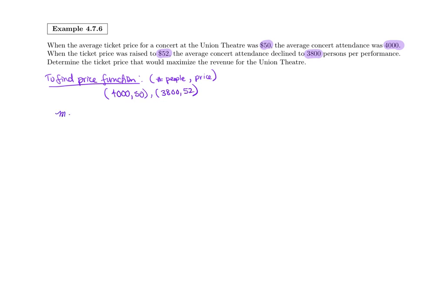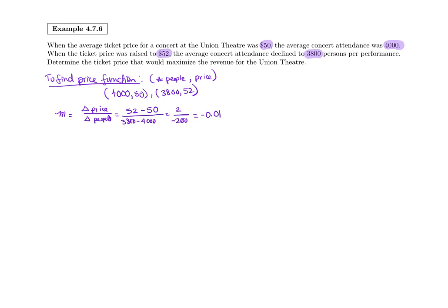So our slope is going to be the change in y over change in x. So in this case, the change in price over the change in people, or 52 minus 50 over 3,800 minus 4,000. Or we get 2 over negative 200, which means that our slope is negative 0.01.